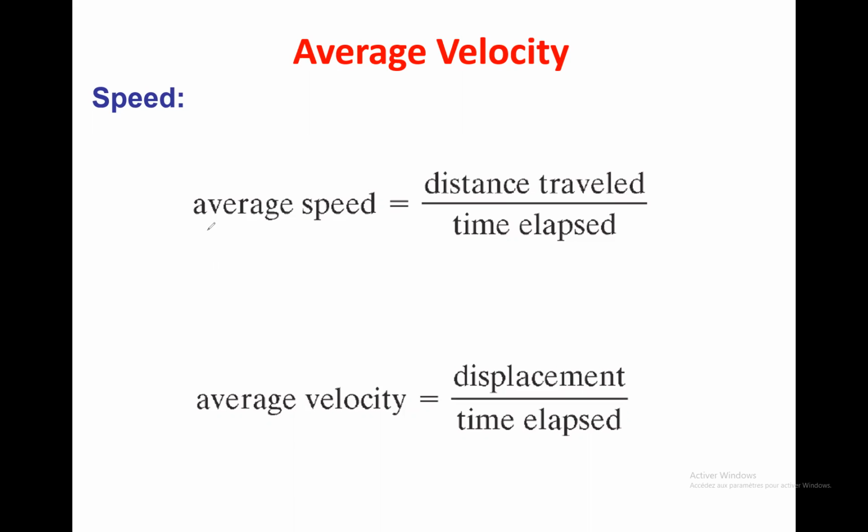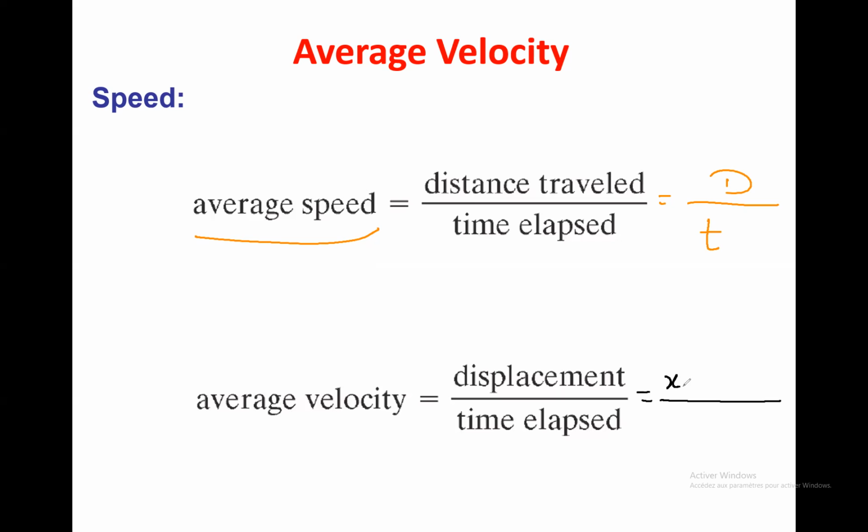So the average speed equals the total distance d divided by the time t, the time elapsed. It means we have the time between the initial point and the final point. And for the average velocity, I speak about the displacement divided by the time.